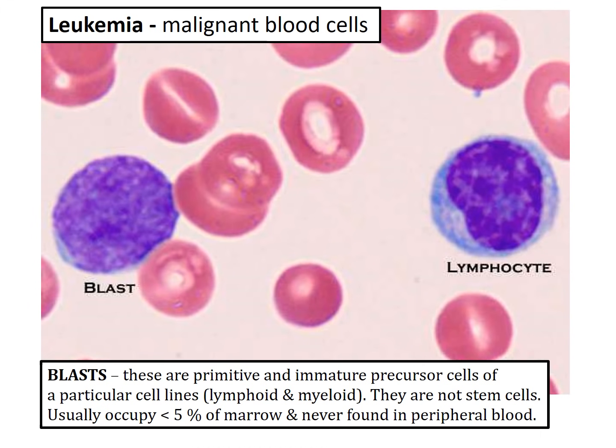A hallmark finding of leukemia are the primitive, immature cells which have become malignant, and they're usually referred to as the blast cell. The blast cell can be of either lymphoid or myeloid line.